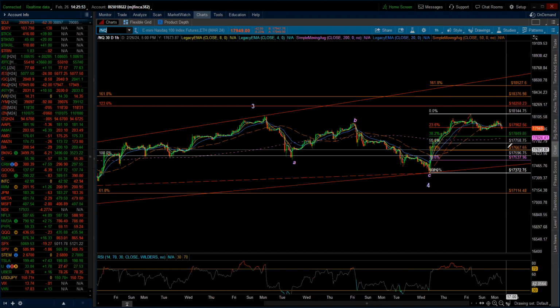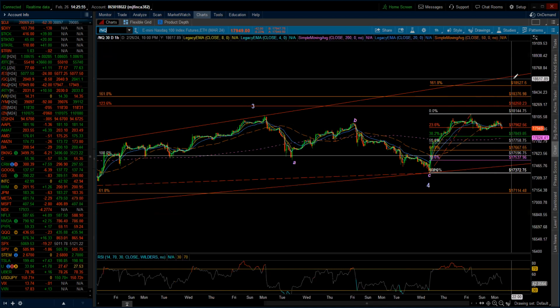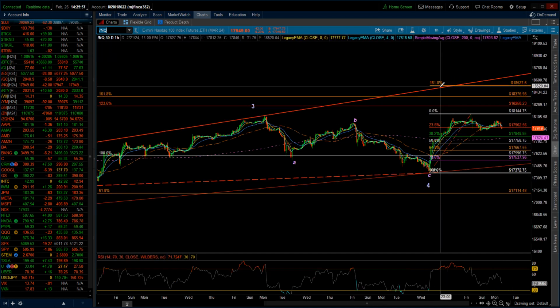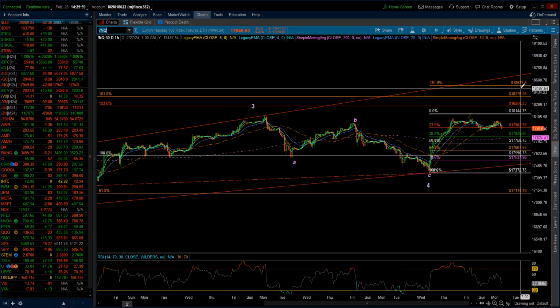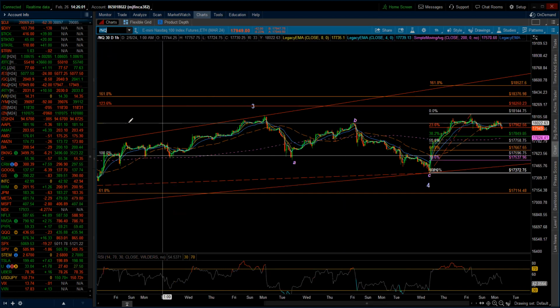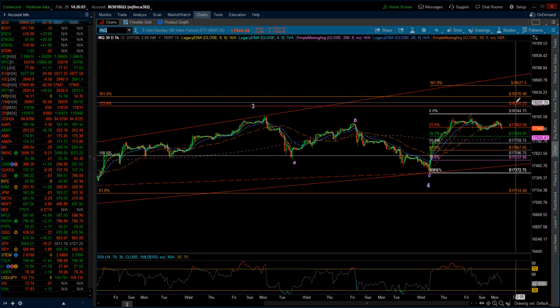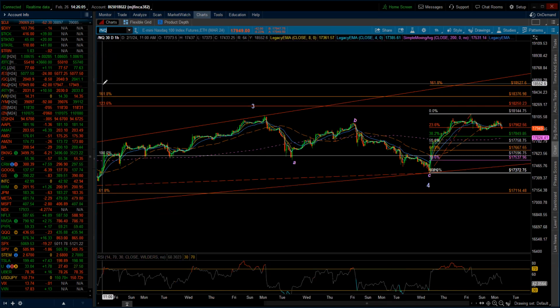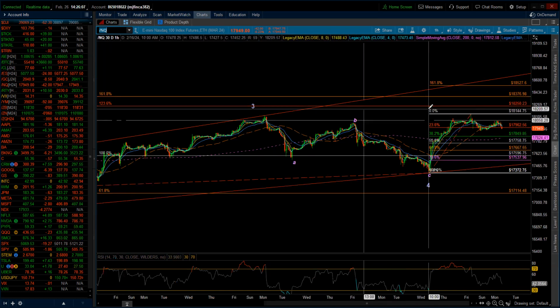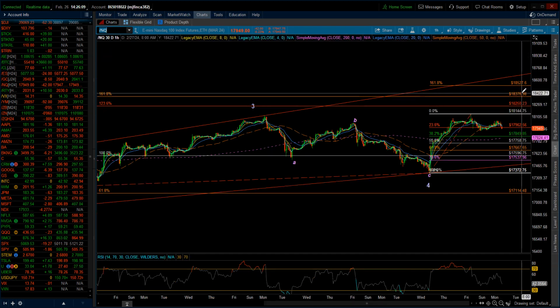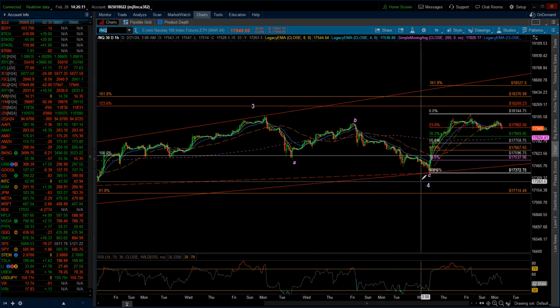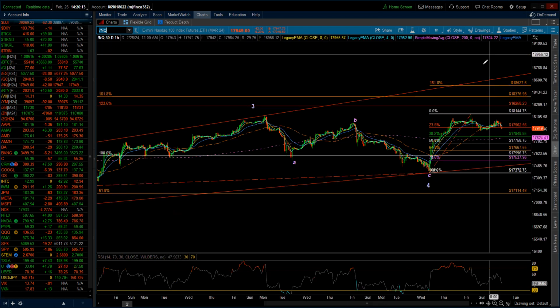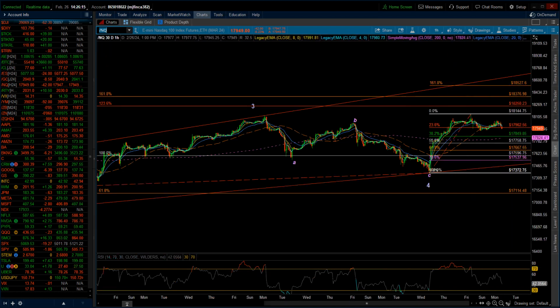But the longer it takes to get here, the further up and exceeding 1.618 I would be looking for. Right now, we have 1.236 at 18,250. We have 1.618 for minor wave 5 at 18,376. We have minute wave 5, 1.618 at 18,527.